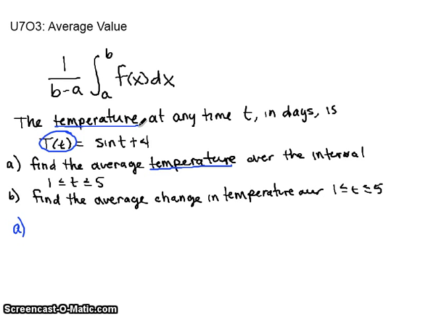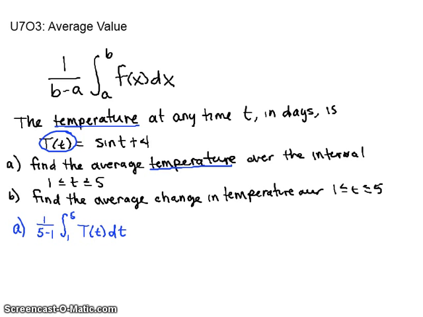In this case, we'd want to say 1 over 5 minus 1, the endpoints of my interval, times the integral from 1 to 5 of capital T of t dt.